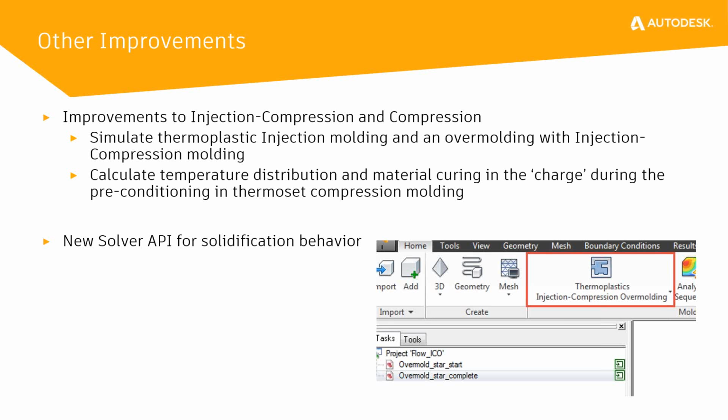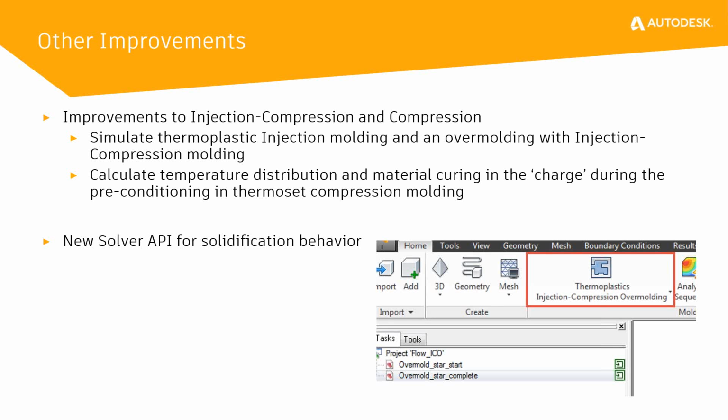The areas that are in contact with the hot steel will heat up and create a hot area that might actually start experiencing curing already before the compression starts. So now we properly take the sitting time of the charge in the mold into account in the conversion and in the simulation.